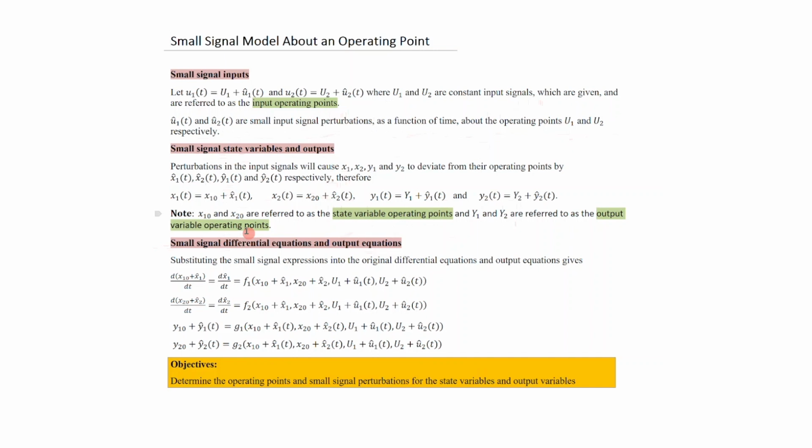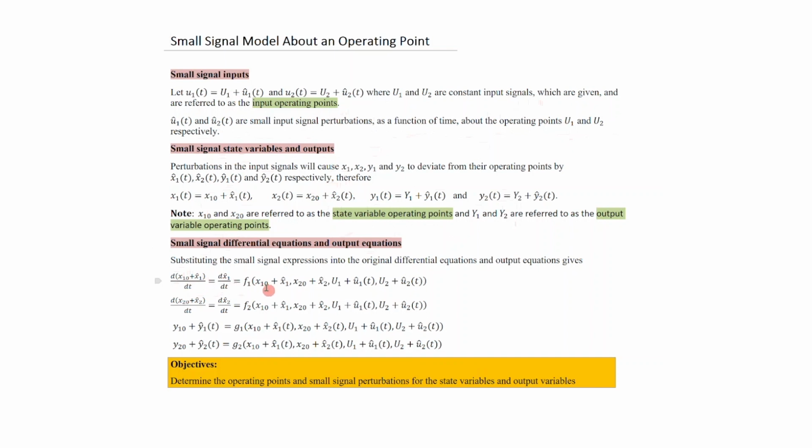Now what we do is take these equations and substitute them back into our original state space equations. For the derivative term, we have x10 plus x1 hat. x10 is a DC term, so its derivative is 0, and you're just left with dx1 hat divided by dt.